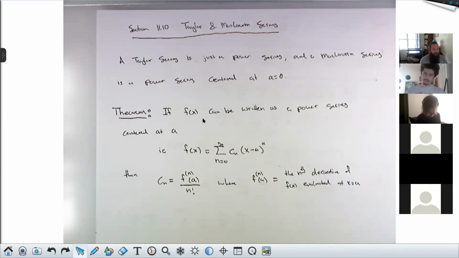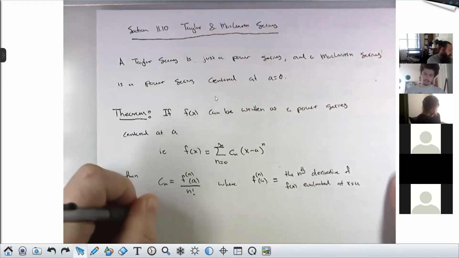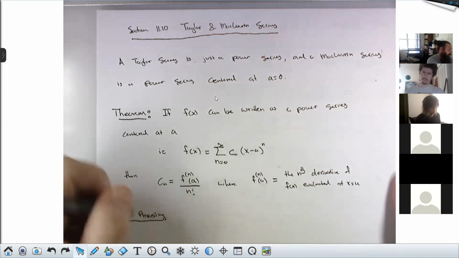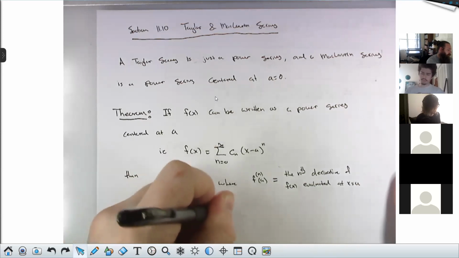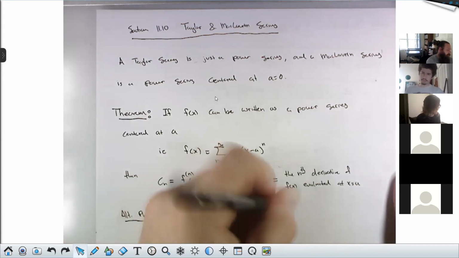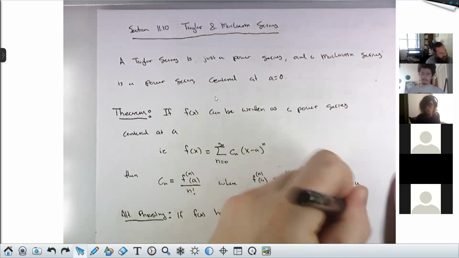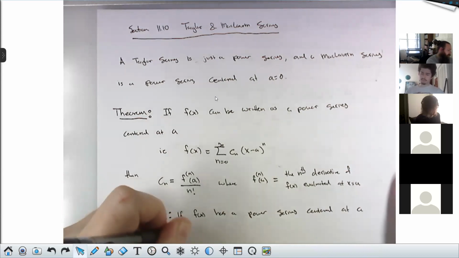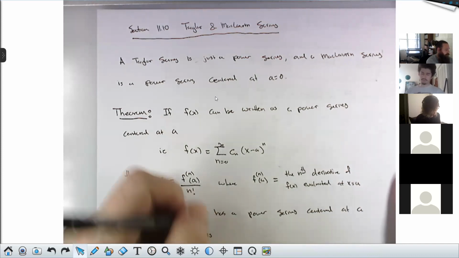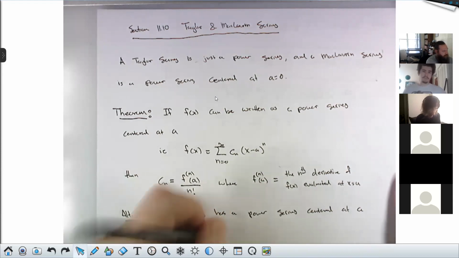Oftentimes you'll see people just say, alternate phrasing. If f of x has a power series centered at a, then that series is of the form, or that series just straight up is, f of x equals sigma n from 0 to infinity.